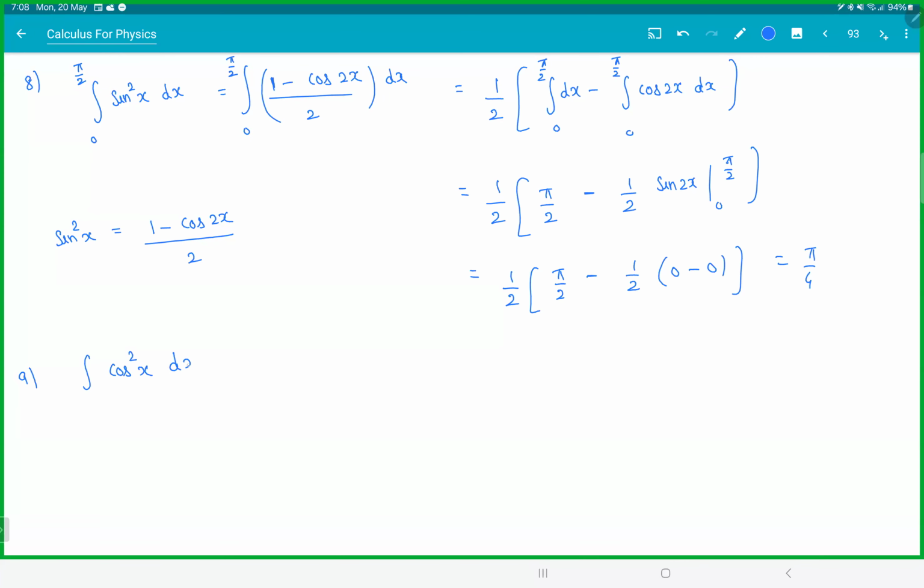Try this also, integral cos square x dx. Let's get these two.